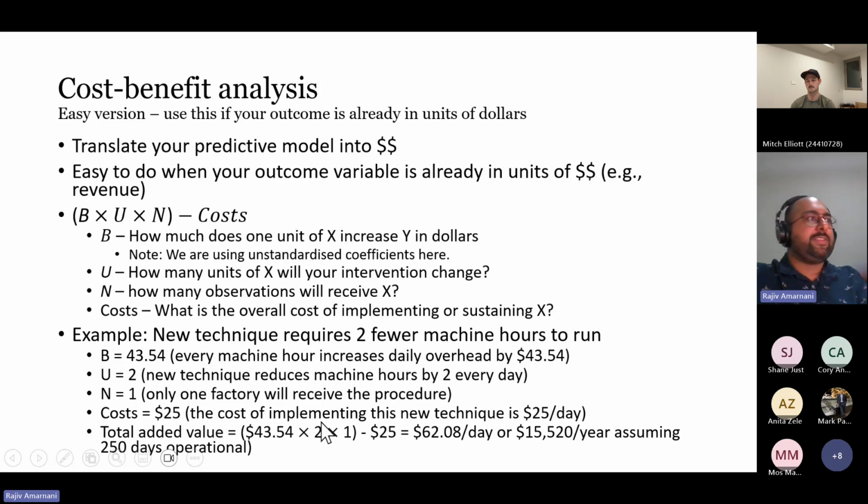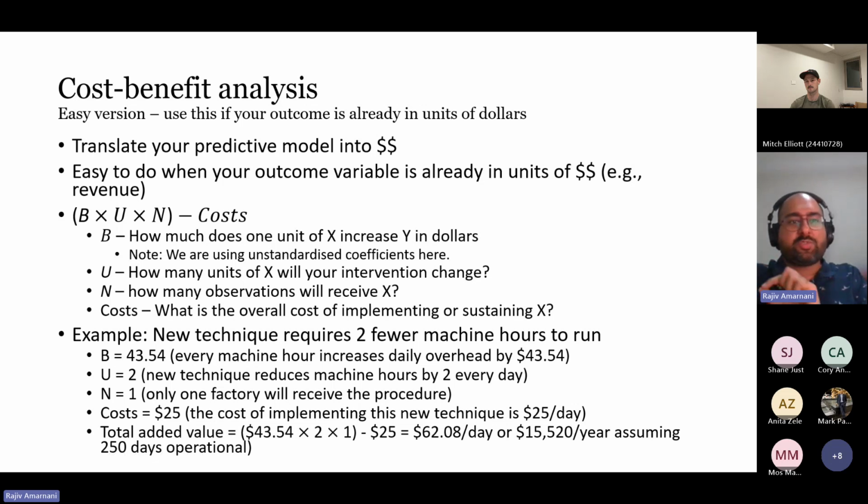You're doing this in 1 factory. You multiply all this. That's the benefit per day. The cost per day is $25. Do all the maths, you get $62.08 per day saved, or $15,520 per year, assuming you're running it for 250 days. That is the cost benefit analysis using unstandardized regressions.